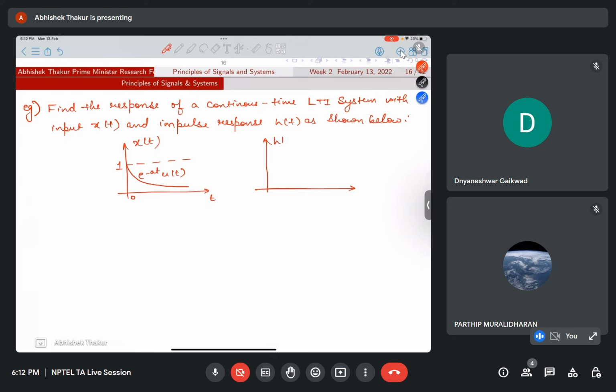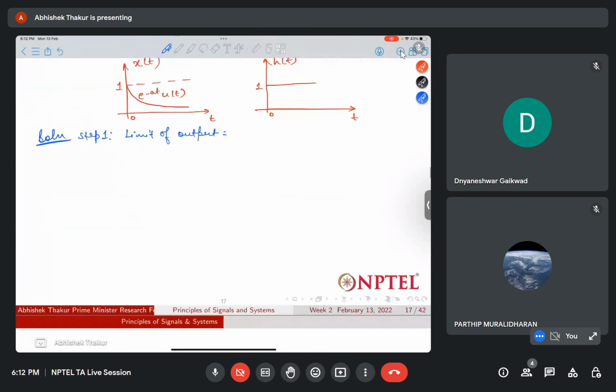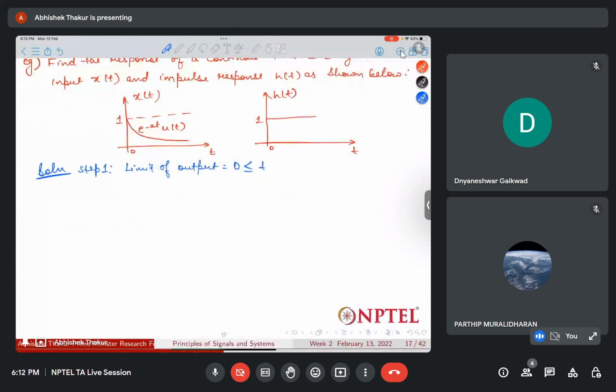And ht is given as 1, that is the unit step function. Step 1: find the limit of y. The lower limit of the output is 0 plus 0, and the upper limit is infinity plus infinity, that is infinity.